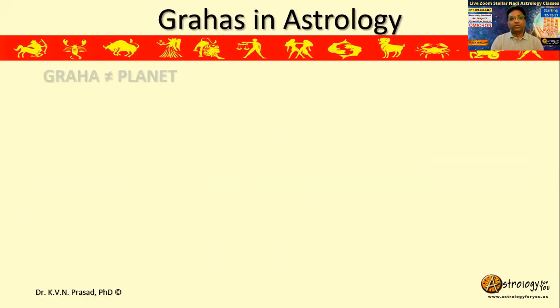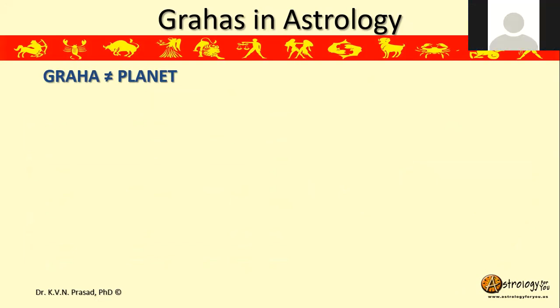Right. So now, first thing is, in English, we say planet, but in Sanskrit, we say graha. In Tamil, we say graham, Telugu graham, and in Kannada also, I think it is the same thing, right? Graha, basically. So graha is not equal to planet.